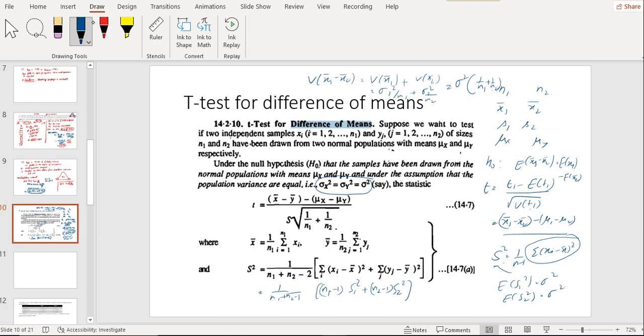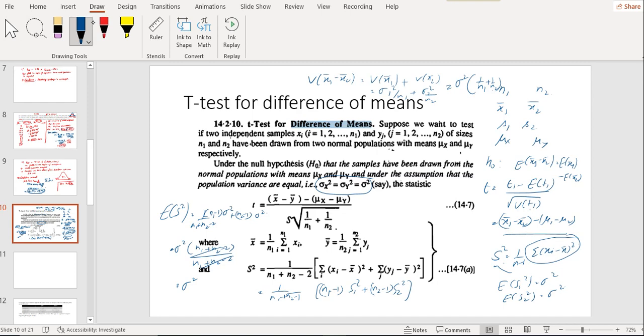So when we take the expectation, this will be equal to 1 upon n1 plus n2 minus 2 times n1 minus 1 times sigma square plus n2 minus 1 times sigma square. So sigma square is taken outside. We have n1 plus n2 minus 2 upon n1 plus n2 minus 2. They will cancel out. So it means that this is the unbiased estimator of the population variance sigma square.